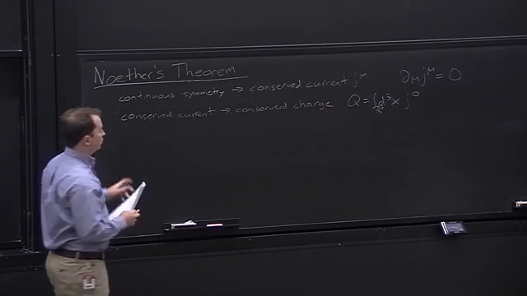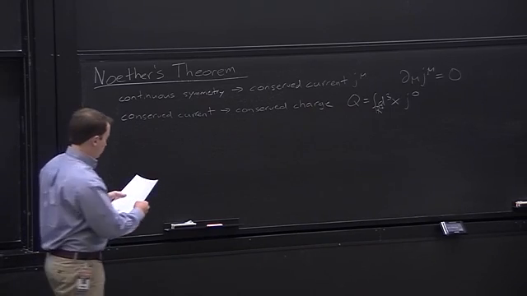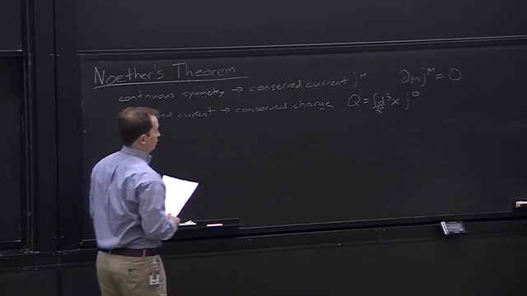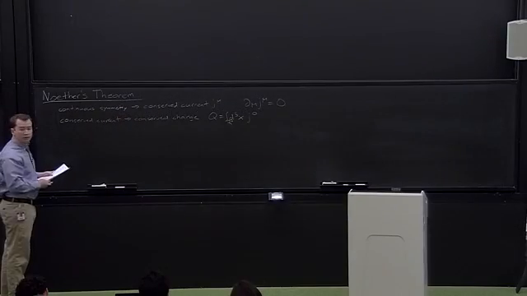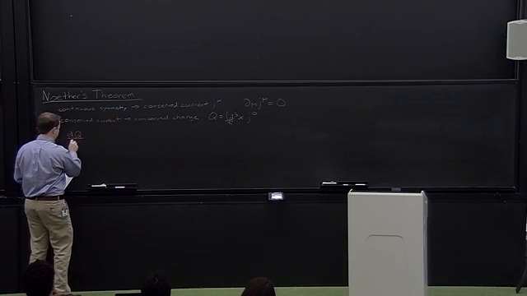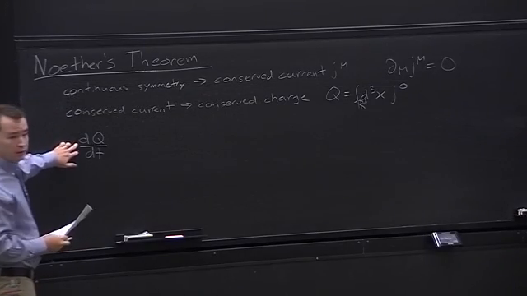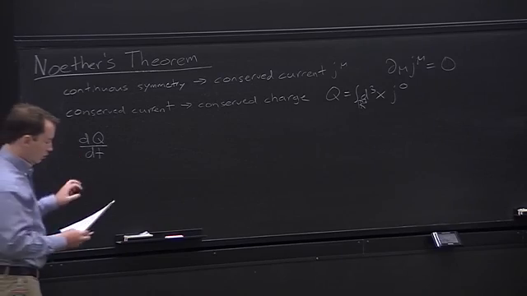And we can see that this charge is conserved by just using the conservation equation of the current. Let's do that. It's a few lines. So the charge is conserved. That means that dQ/dt is 0.